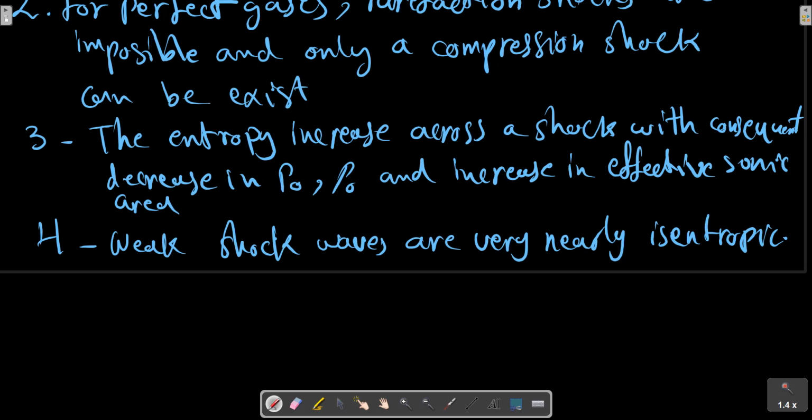The next section is about the operation of converging and diverging nozzles.